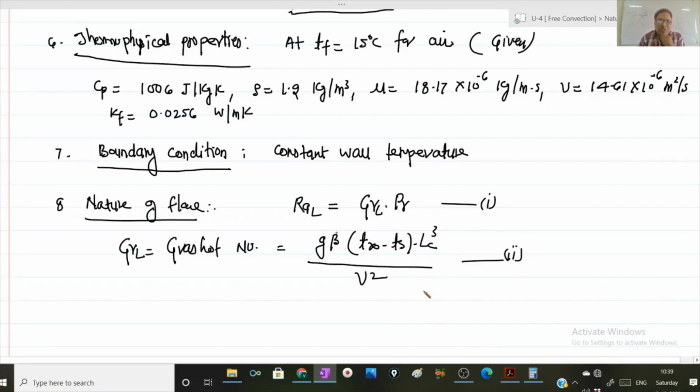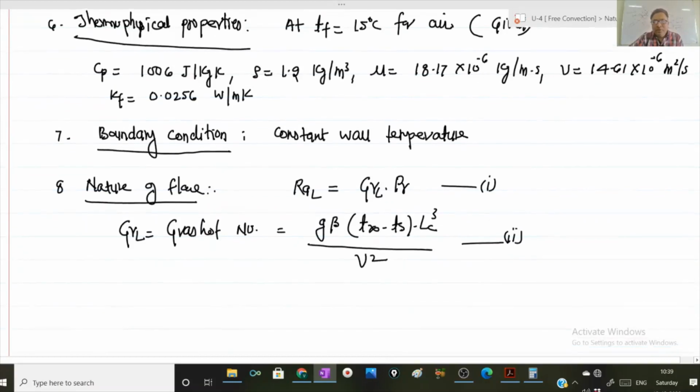In this expression of Grashof number, I have deliberately taken the temperature difference as T infinity minus Ts, because surrounding fluid temperature is more than duct surface temperature. So this term I will always be considering as positive.